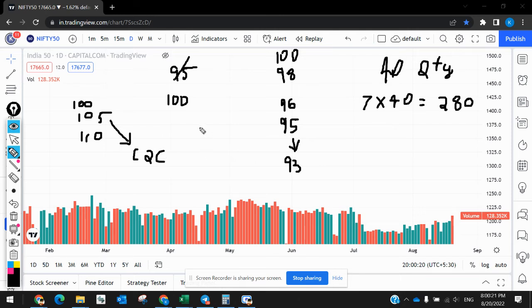That's how you play the game very smartly, so that the possibility of loss is reduced and the possibility of a target is increased. That's how you maintain your risk reward, and also the probability of a profitable trade.